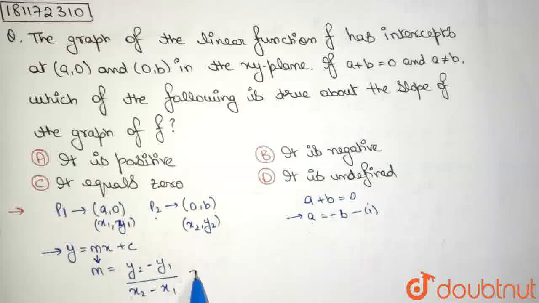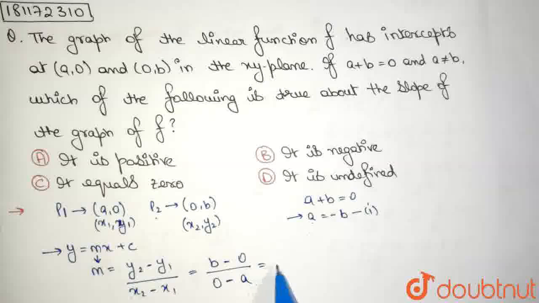Now, if I substitute the values of p1 and p2 in here, we have y2 as b, so I can say b minus y1, which is 0, upon, then we have x2. We have to divide by x2 minus x1, so it is x2, and x2 is 0. So 0 minus x1, x1 is a.